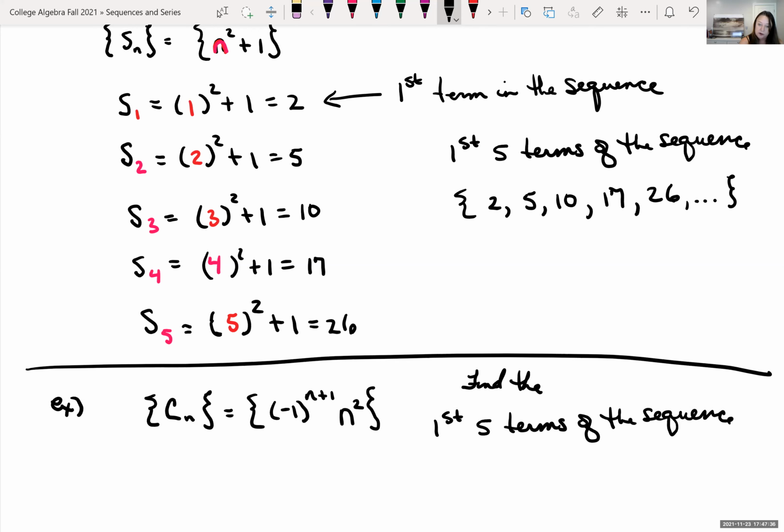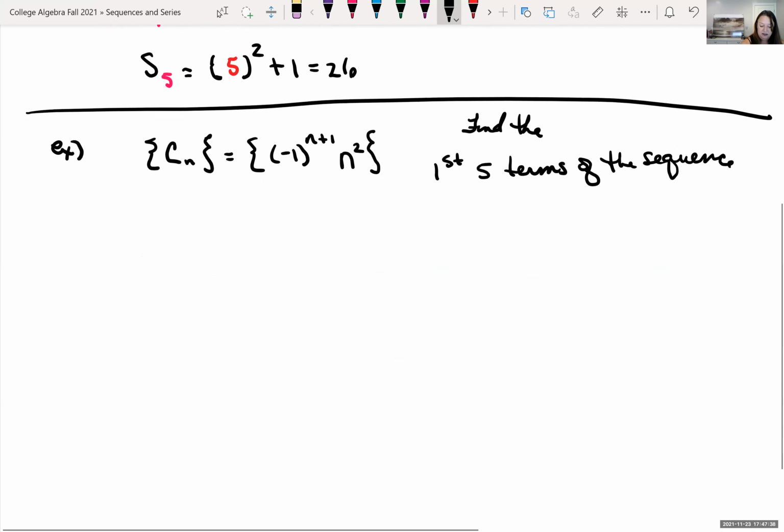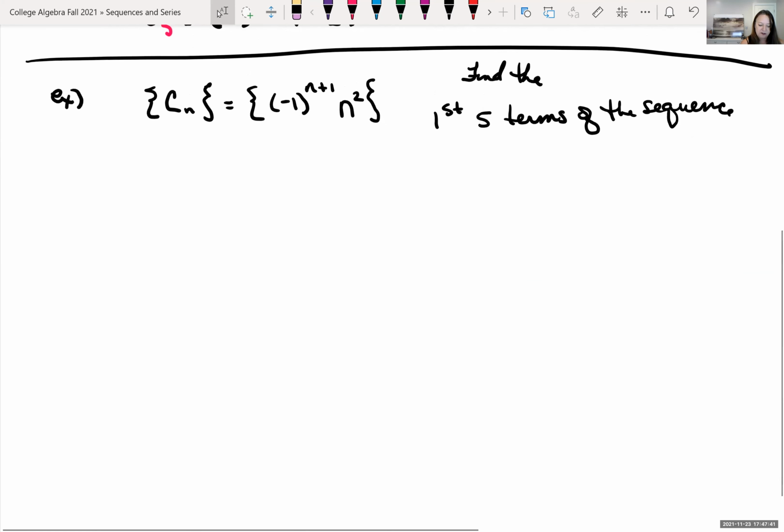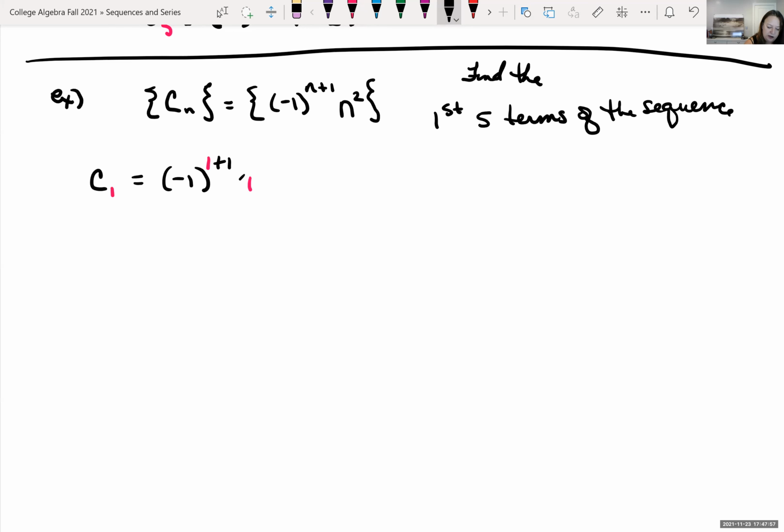Okay, so same idea. First term, you plug in 1 wherever you see an n. So C sub 1, the first term, is going to be, in this case, negative 1 to the 1 plus 1 power, all times 1 quantity squared. So this gives us negative 1 squared, which is positive 1, times 1 squared, which is positive 1. 1 times 1 is 1.